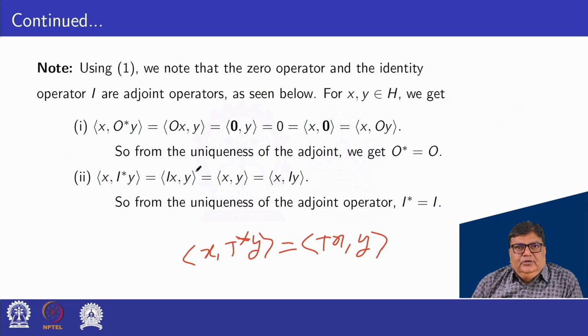Again, using the property of the identity operator, this inner product can be written as the inner product of x and identity of y. Again, from the uniqueness of the adjoint operator, I star y is equal to Iy, that is, I star is equal to I.